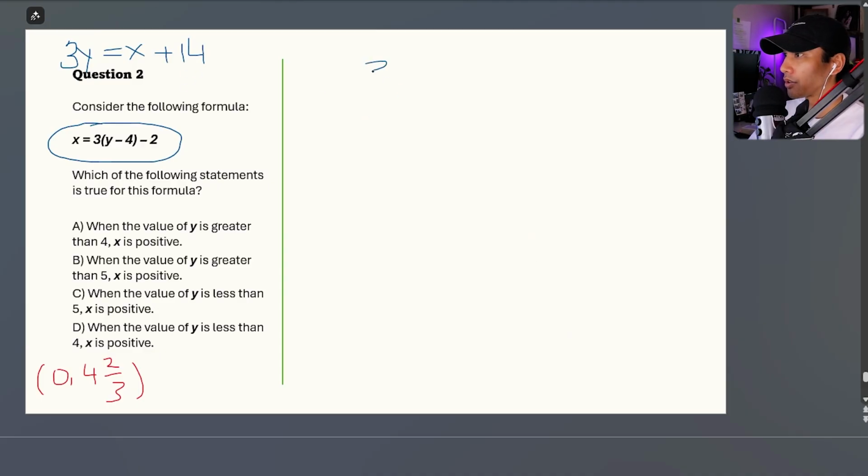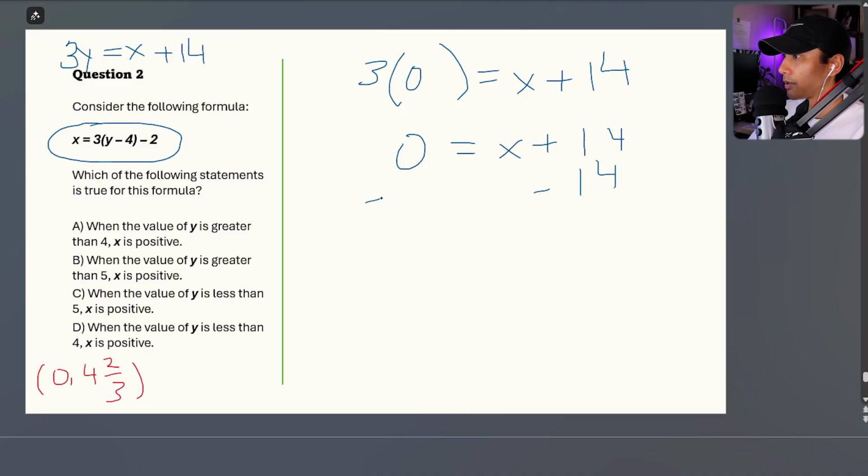So 0 equals x plus 14. Minus 14, minus 14, we get x equals negative 14. So now our x-intercept is (-14, 0).